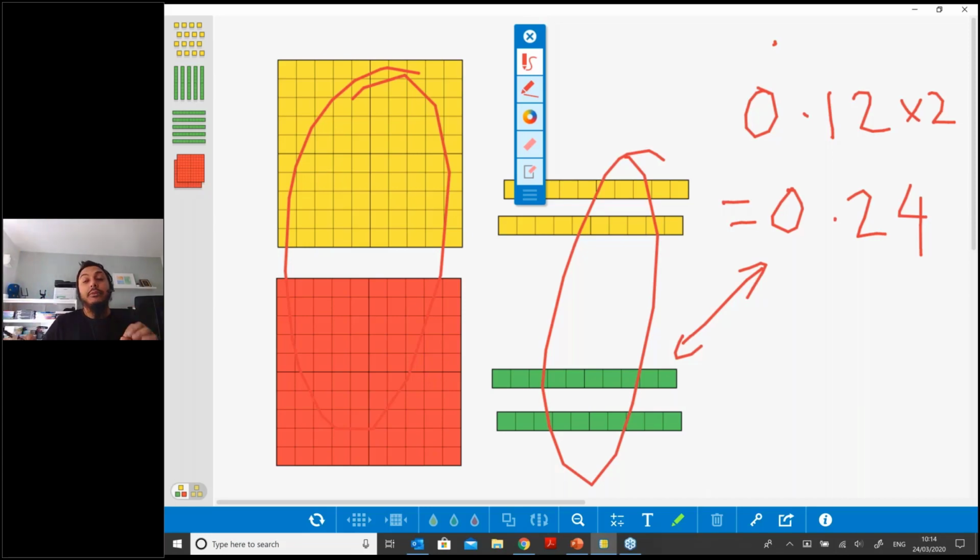Okay, similarly with division, exact same approach.